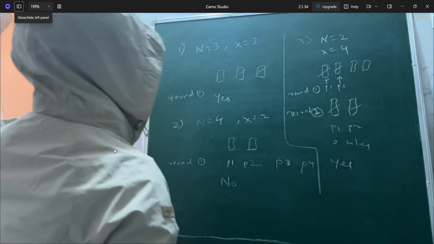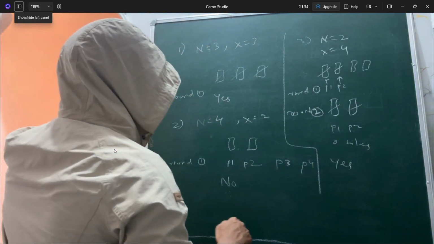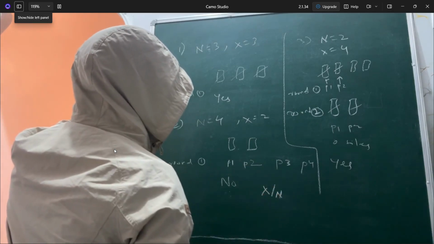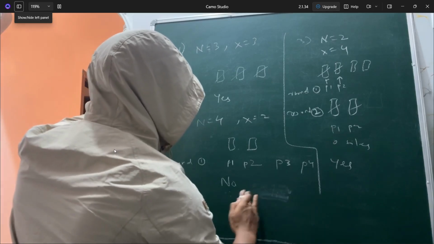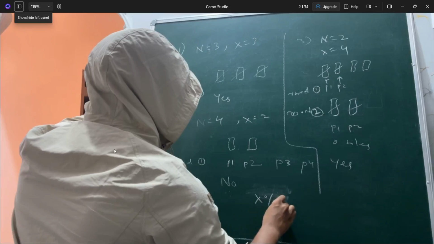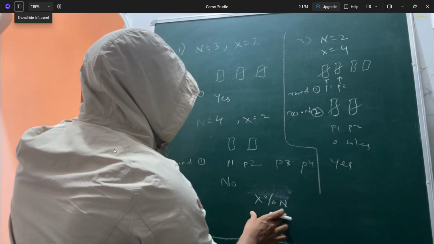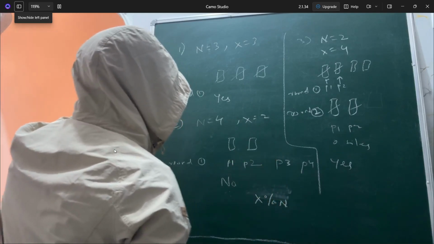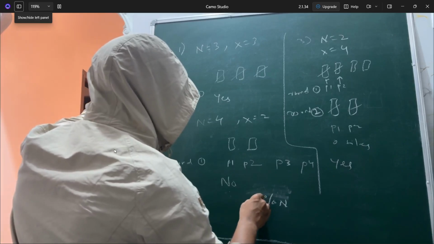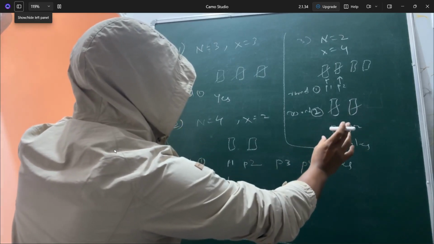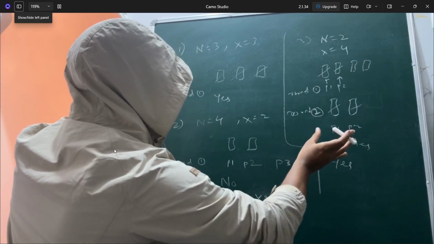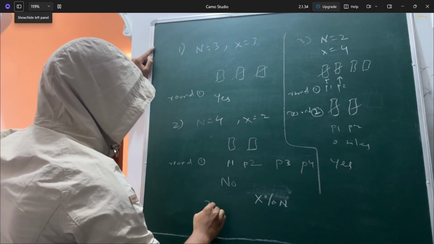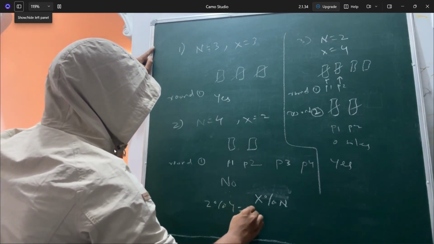So how do we solve this? If you see, this is an easy problem. We'll have to find X modulo N. If X modulo N has some value, it means some of the tiles are remaining in a round. Like for this example, X is 2, modulo N is 4, which is 2.